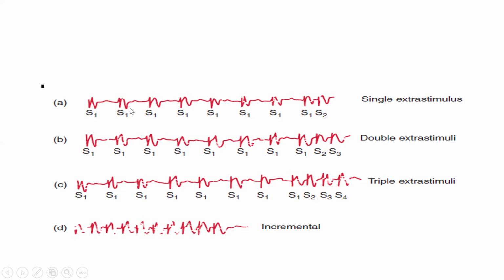Remember, we're pacing at 150 beats per minute, then later we increase to 160. That bit that changed the duration will now be called S2. If you only stopped at S2, you call it a single extra stimulus or single premature beat added. So if you have added an S2, you will call the electrical impulses you get A2, H2, V2.